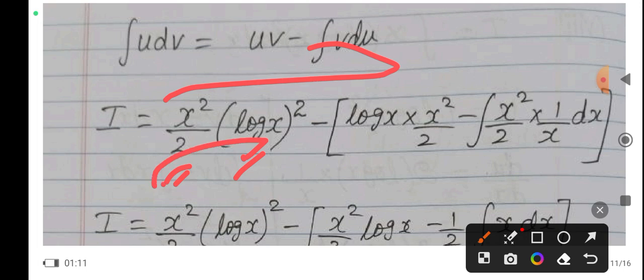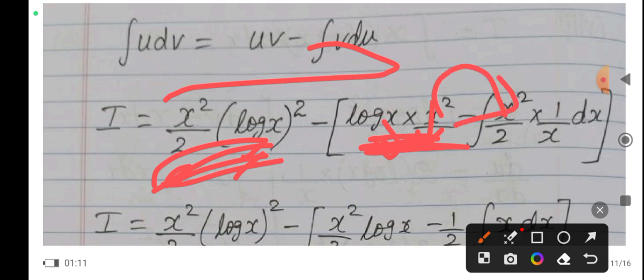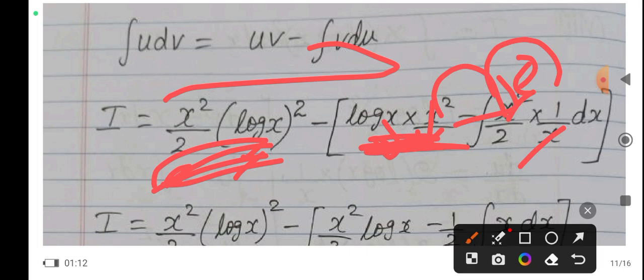So this is actually as it is, like x square by 2 log x whole square. For this only uv. U is the log x, v is x square by 2, minus integral v du, x square by 2 into du is 1 by x dx. So again x and x square gets cancelled. Now we are getting it as x value, children.